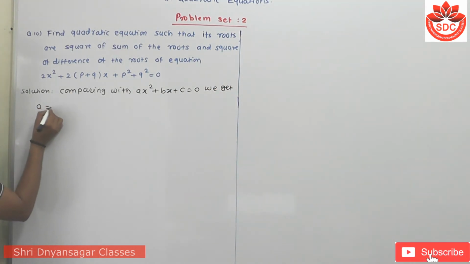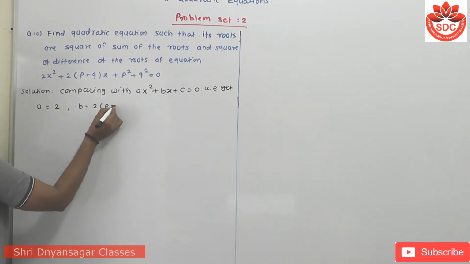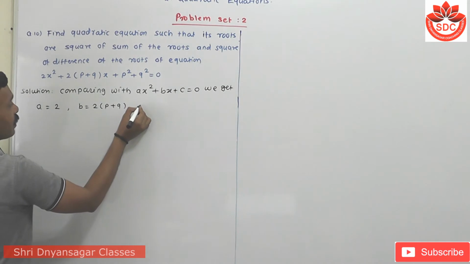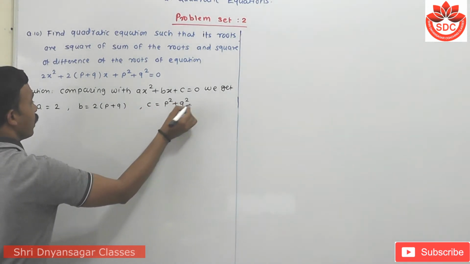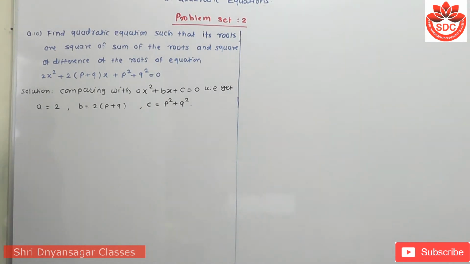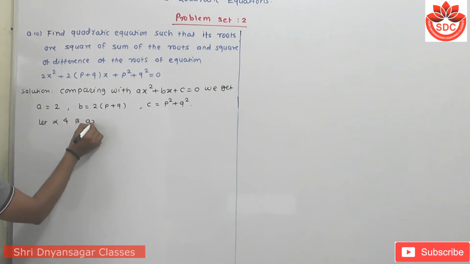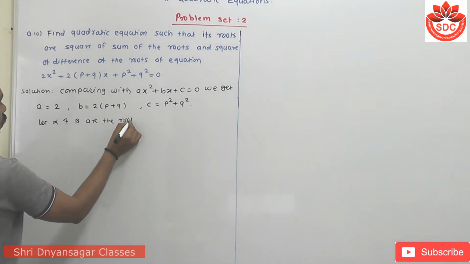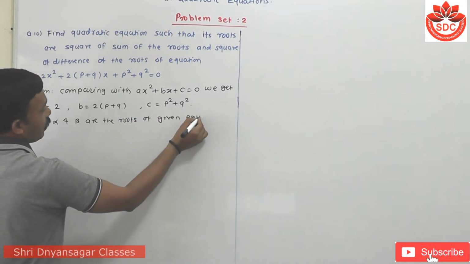A is equal to 2, b is equal to 2 in bracket p plus q, and c is equal to p square plus q square. Student, we take here the roots alpha and beta. So let alpha and beta be the roots of the given equation.